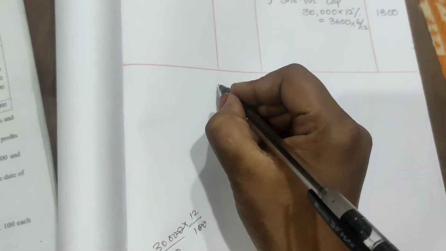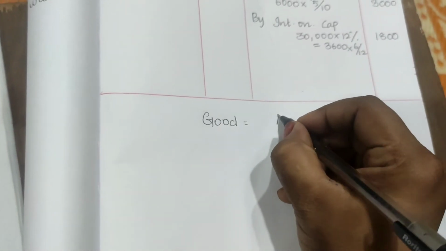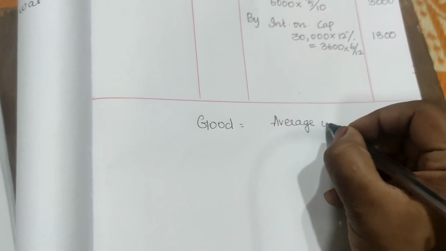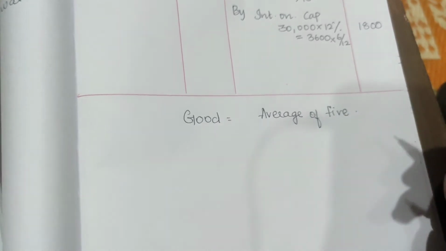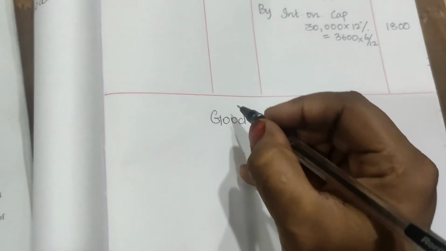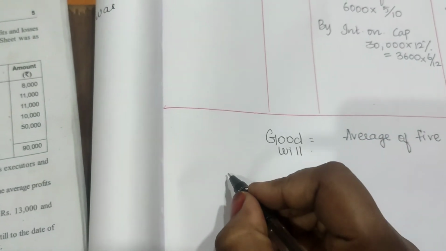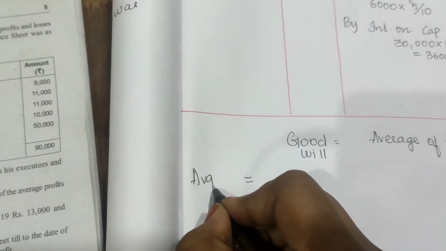Now we need to calculate goodwill, and we calculate goodwill from the average profit, the average profit of 5 years. So first, to find out goodwill, we need to calculate the average profit.